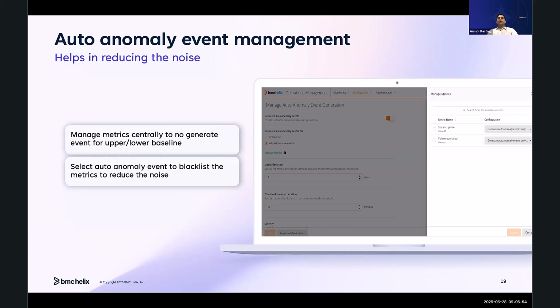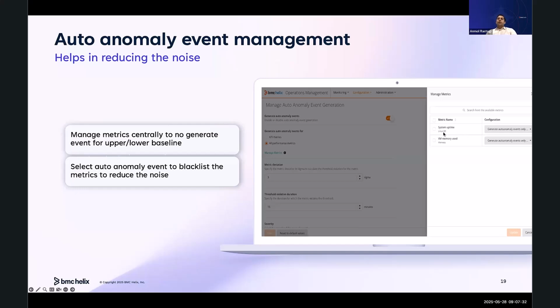Since this particular metric is a response time, and lower response time is fine, I do not want to get an alert for this violation, right? These things can be given as feedback either through the event or even from this centralized page under the configuration page of manage auto anomaly event generation. So here I can type a metric name, and then I can say, okay, for this particular metric, I do not want to generate an auto anomaly event if a lower baseline deviation happens or a higher baseline deviation happens, right?